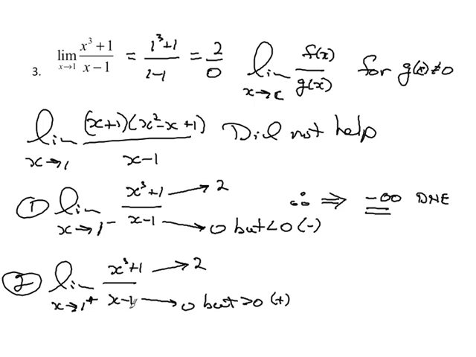When I subtract 1 from it, I'm going to have something positive. So I'm going to end up with something positive in the numerator, something positive in the denominator, but the denominator is getting incredibly small, which means this ratio is getting incredibly huge. Therefore, this is telling me that my limit is going to positive infinity, which, again, doesn't exist.